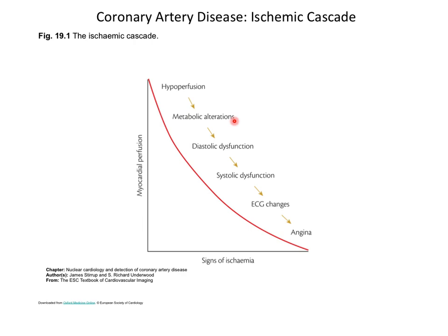They'll start to try and change their metabolism to keep up with the fact they're not getting oxygenated blood. The mechanics of the heart often changes in diastole first. That's the filling part of the heart cycle. It will slow down. It'll kind of get viscous and slower. Then you'll see a drop in the actual contractility, the ability of the muscle to actually contract.